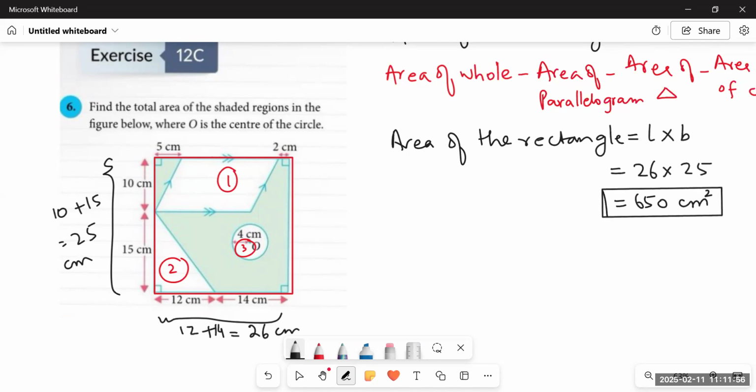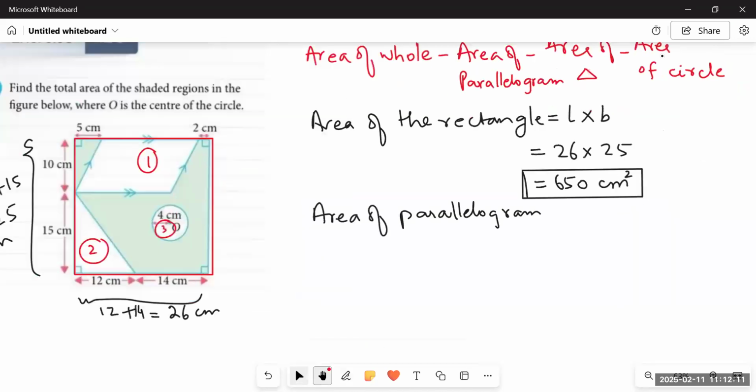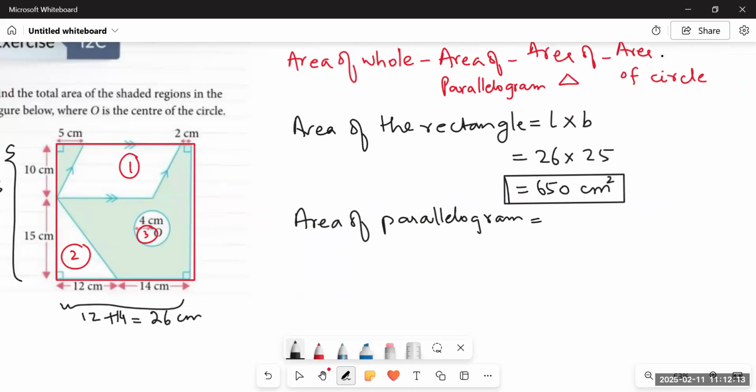Now let us find out the areas of the parallelogram, then the triangle, and then the circle. How do we find the area of the parallelogram? So let us first write its formula. The formula for finding the area of a parallelogram requires its length.